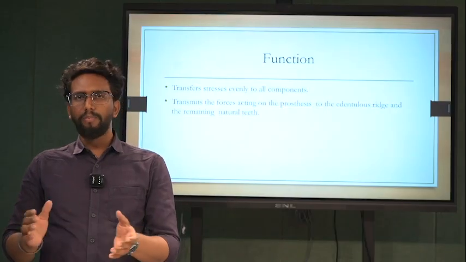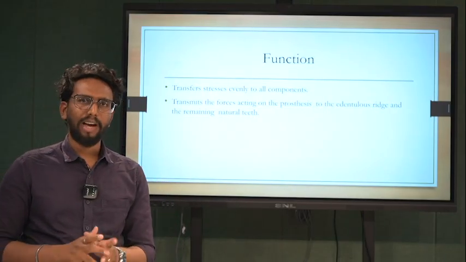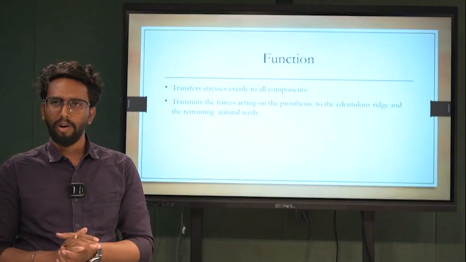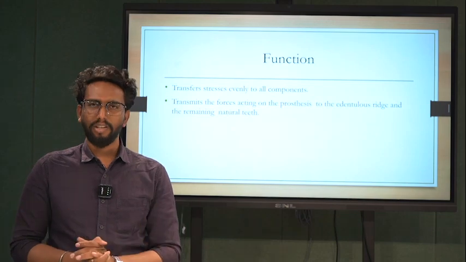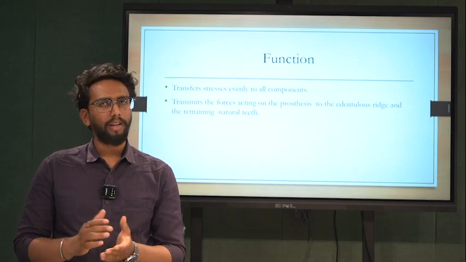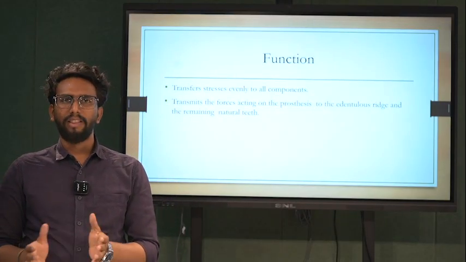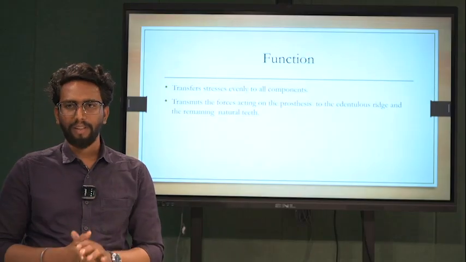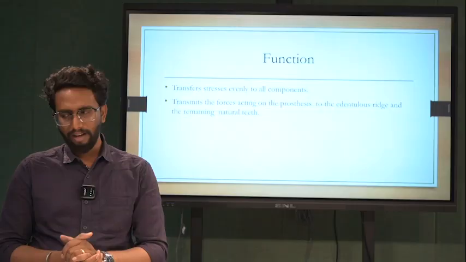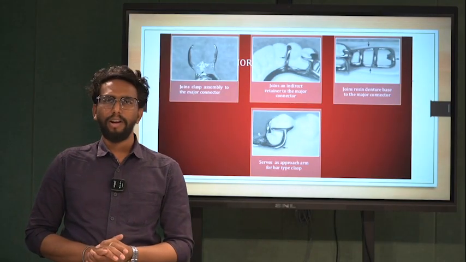The occlusal forces which come on the occlusal table of the artificial teeth are transferred to the residual alveolar ridge, and the occlusal rest will transfer the other occlusal forces to the periodontal ligament of the natural tooth. So by connecting all the components, this minor connector transfers the occlusal forces throughout the mandibular or maxillary arches.